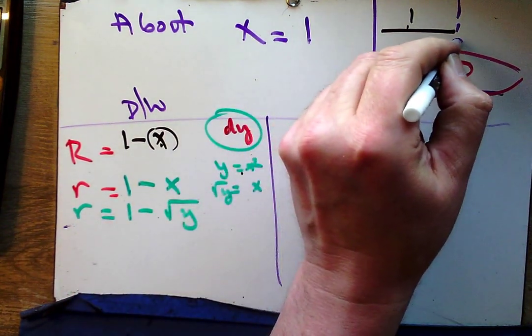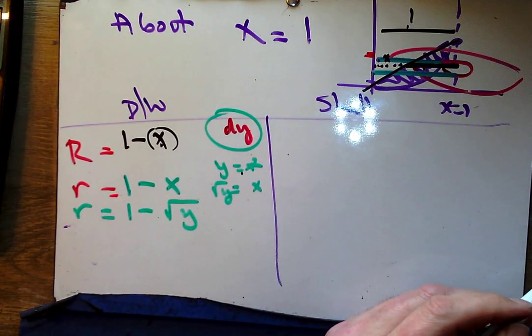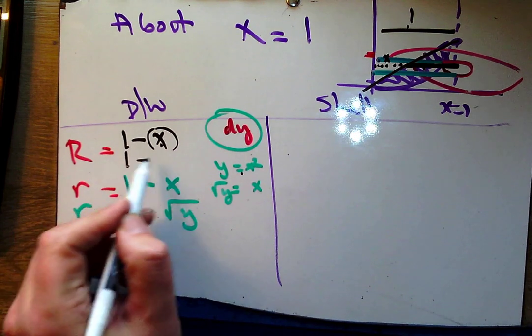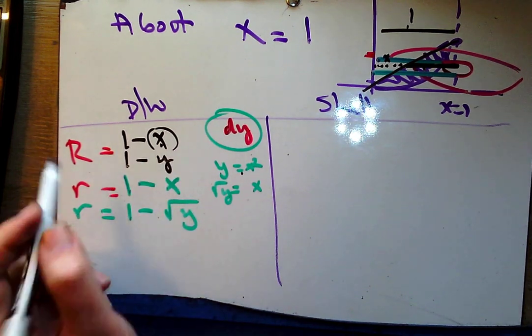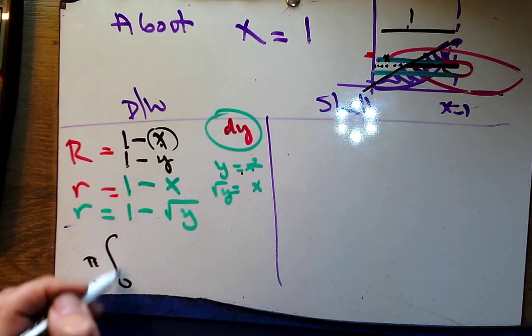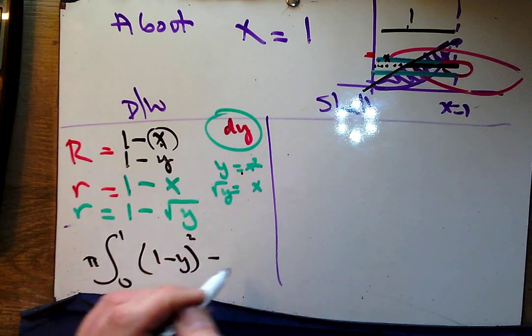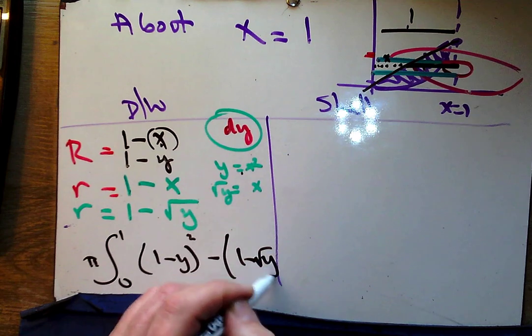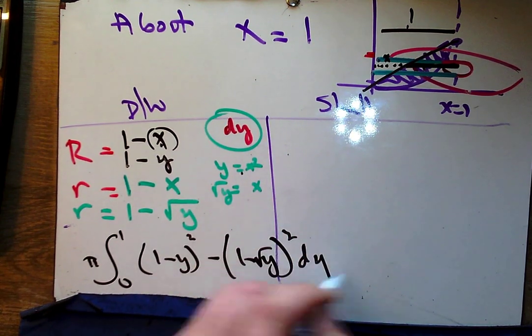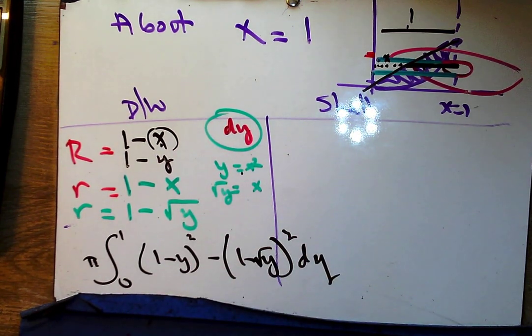This x value goes with the linear equation. And so I get 1 minus y. So pi, 0 to 1, (1 minus y) squared minus (1 minus square root of y) squared dy. Okay. I know, it's exciting, isn't it?